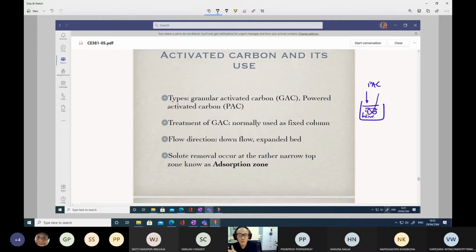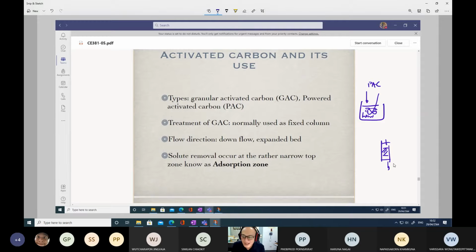one unit of volume. But powder activated carbon is not suitable if you want to put it into a column like this. As the size is very small, within a few hours you will experience clogging problems or higher head loss.